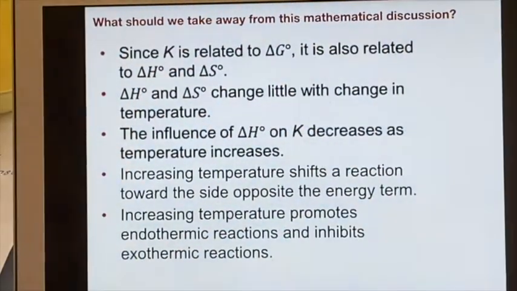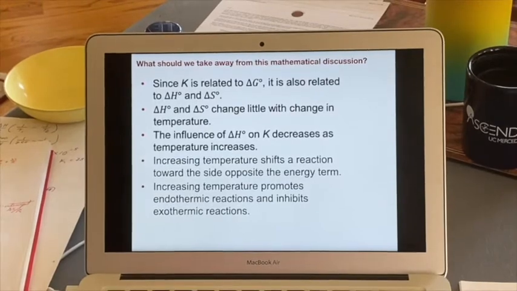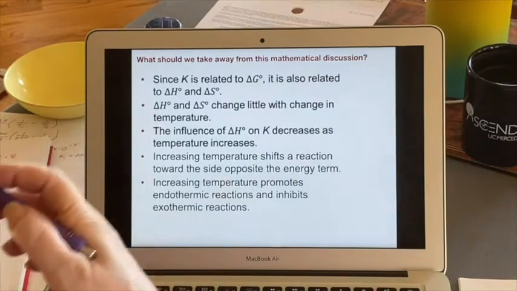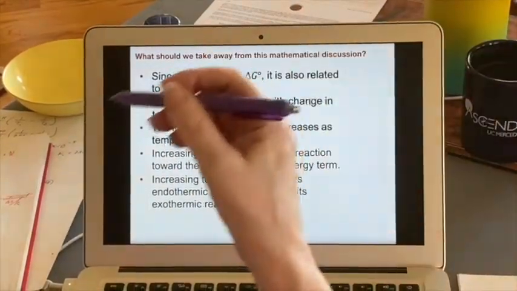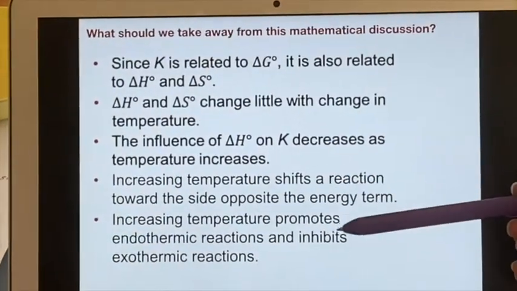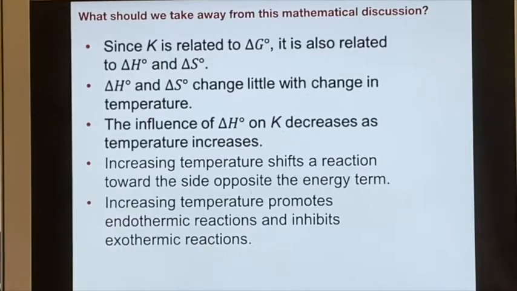So if it's exothermic, so that heat and energy is being released, if you increase temperature, that's like shoving energy back at it, and it's going to shift it to the opposite side, the opposite side of the energy term. And because of that, increasing temperature will promote an endothermic reaction and inhibit an exothermic reaction.